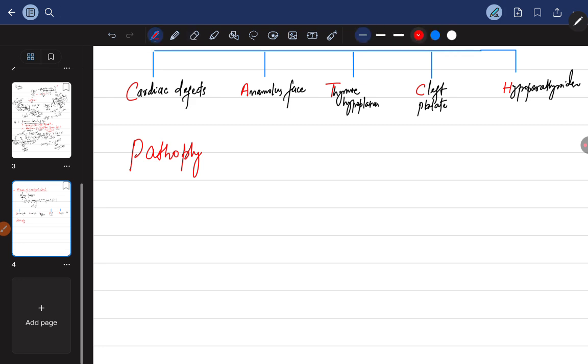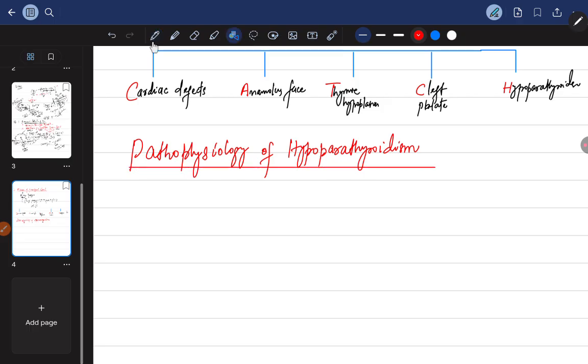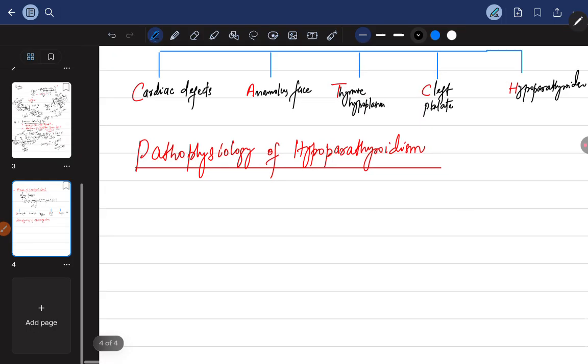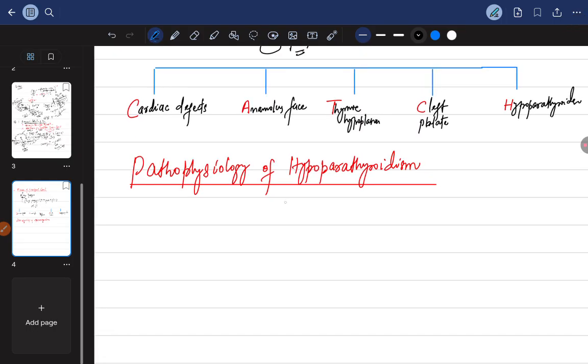Pathophysiology of hypoparathyroidism. Now, I told you earlier that these chief cells in the parathyroid glands secrete PTH.